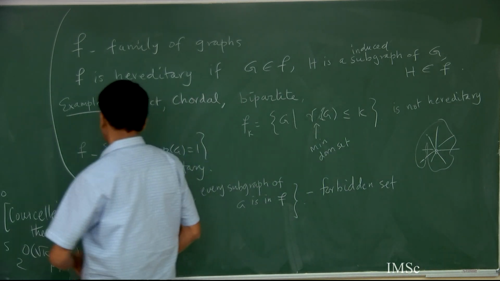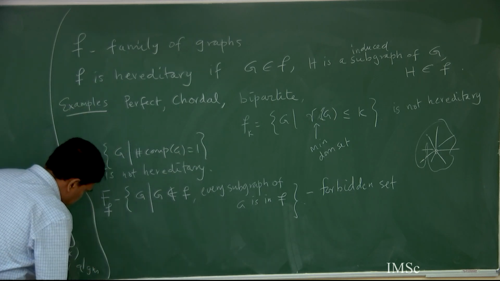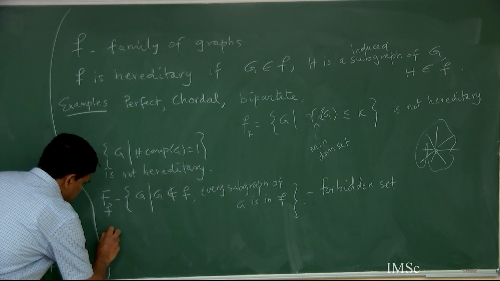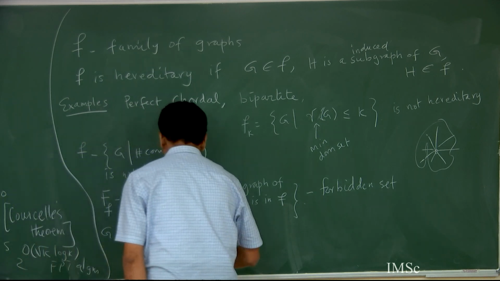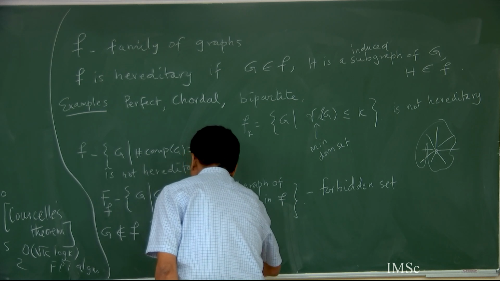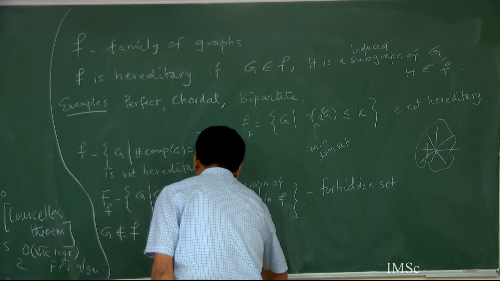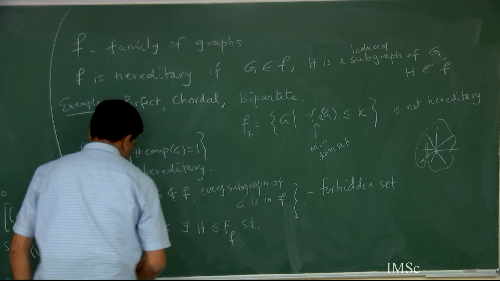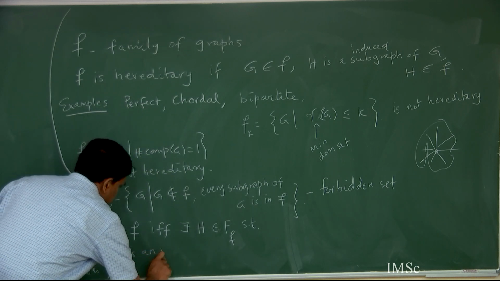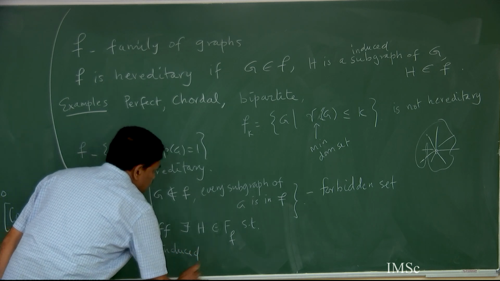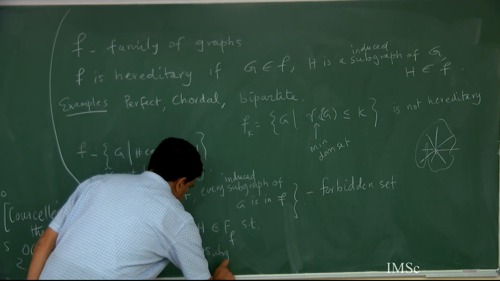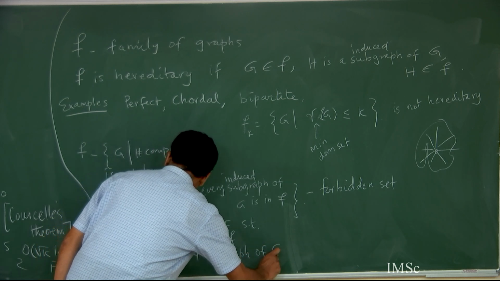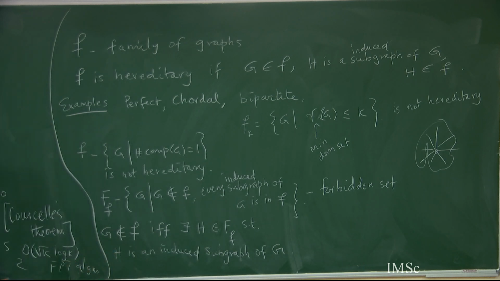Then it's easy, just by definition, that G is not in F if and only if there exists an H in the forbidden set such that H is an induced subgraph of G. So, H is not in my family.